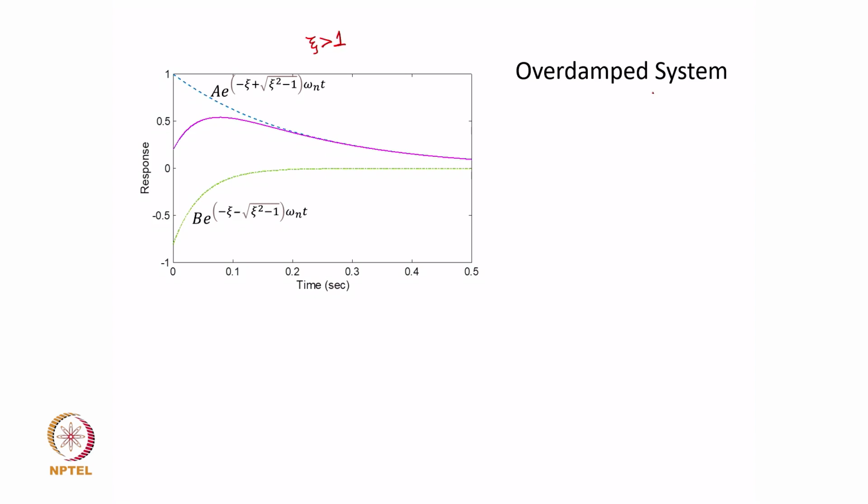So, overdamped systems are characterized by the normalized damping being more than 1. So, the actual damping C is more than the critical damping of the system Cc, and again by following the same process you will find that there will be two terms in the solution, one with this root and the other one with this root, except that instead of square root of 1 minus zeta square, obviously you will have to write zeta square minus 1, which is what originally we got.